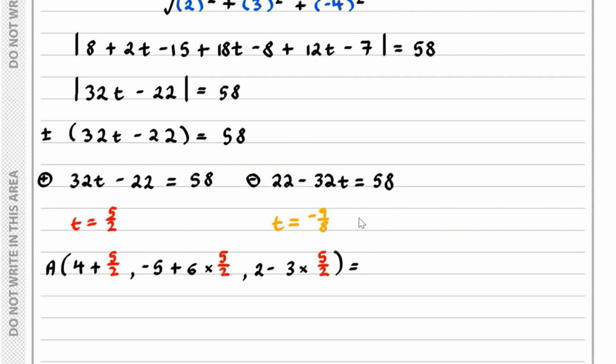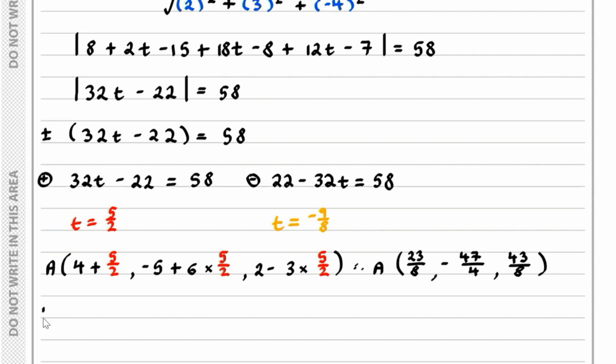So therefore, one possible coordinate of a, we have 23/8, minus 47/4 and 43/8. That's one possible coordinate.